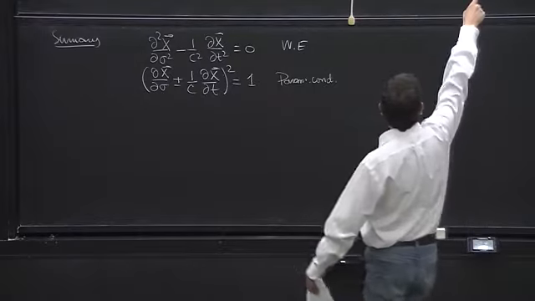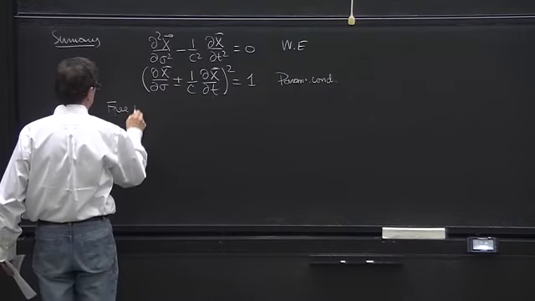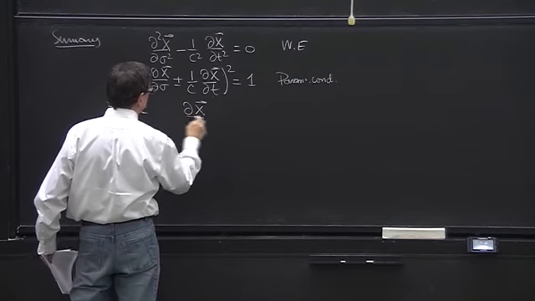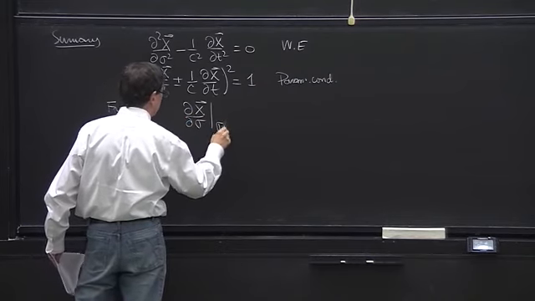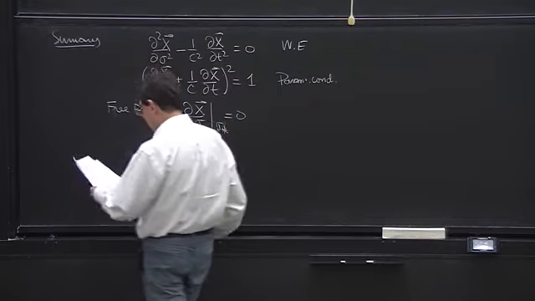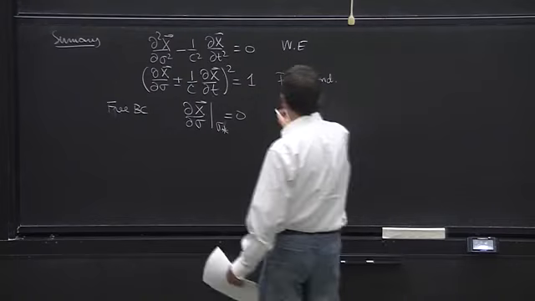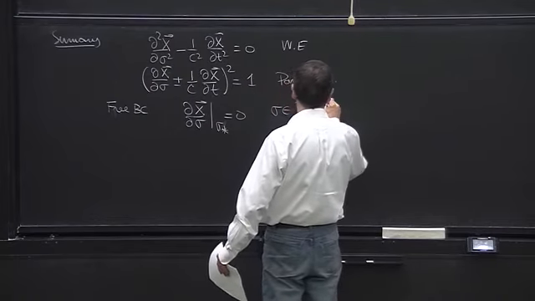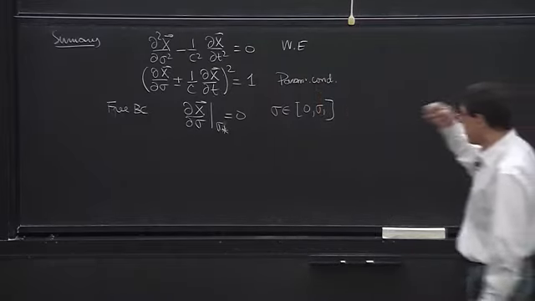So for free boundary conditions, the case we're going to look at first, it will be just dx/dsigma at sigma star, which are the endpoints, is 0. And the string goes with sigma from 0 to sigma 1. Now, sigma 1 is something that we can keep track of.